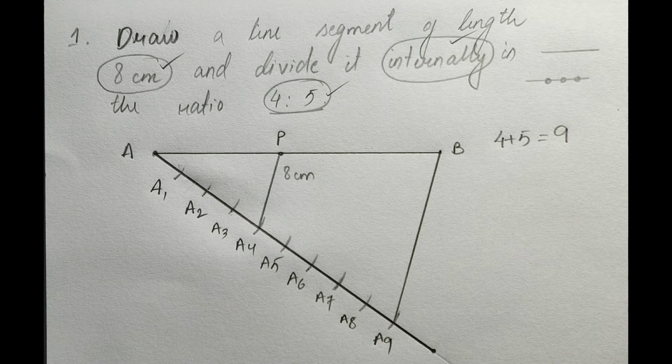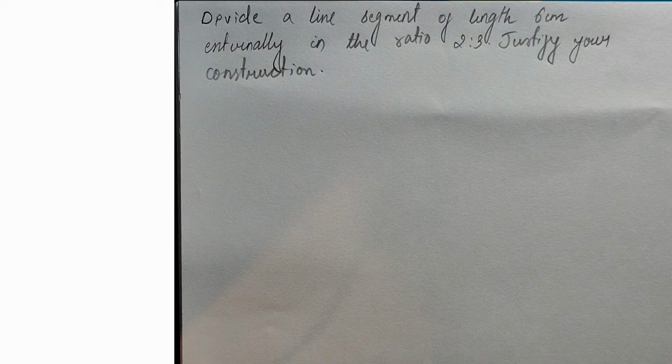The point where our line intersects the main line, that is AB, we will mark as P, and this point P divides the line AB internally into the ratio 4:5.